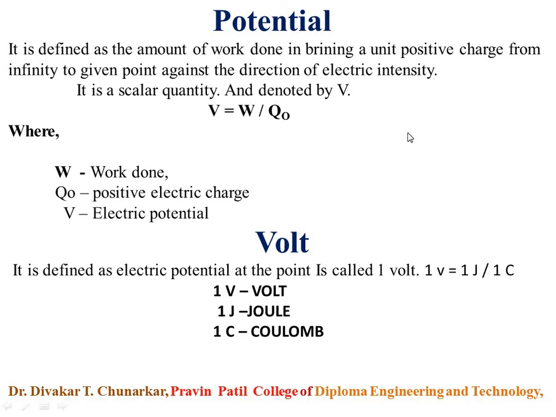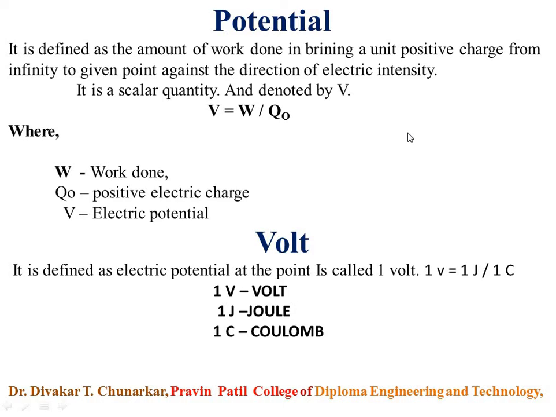Then potential. The simple definition of potential: the difference between two points is called potential. Or another definition of potential: the amount of work done in bringing a unit positive charge from infinity to a given point against the direction of electric intensity.